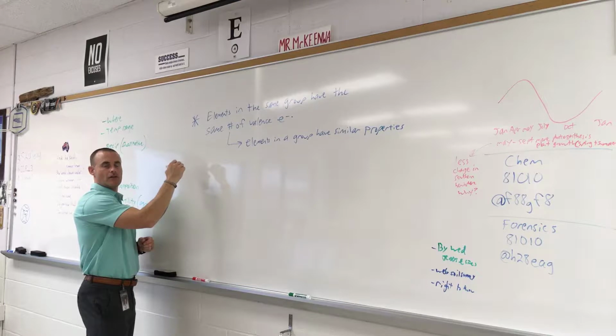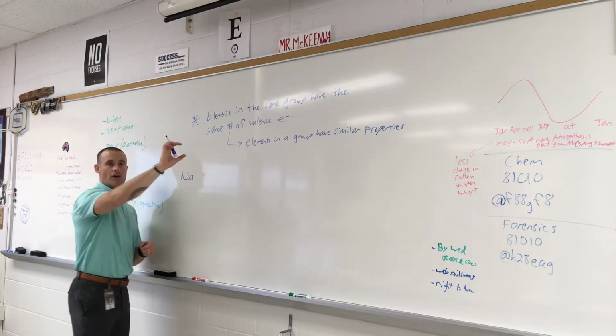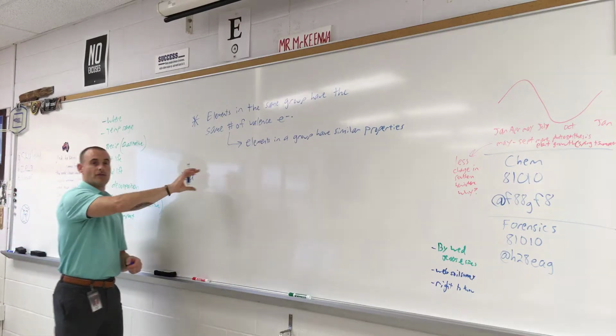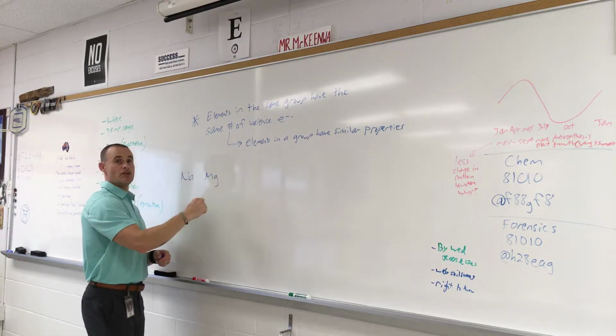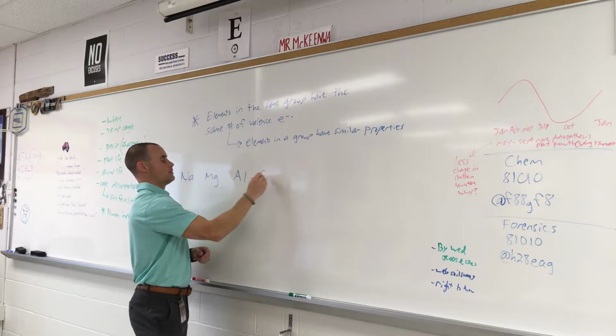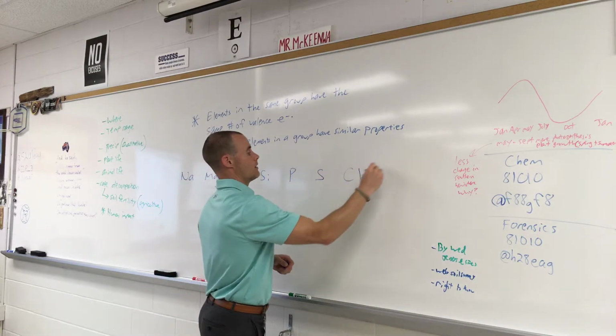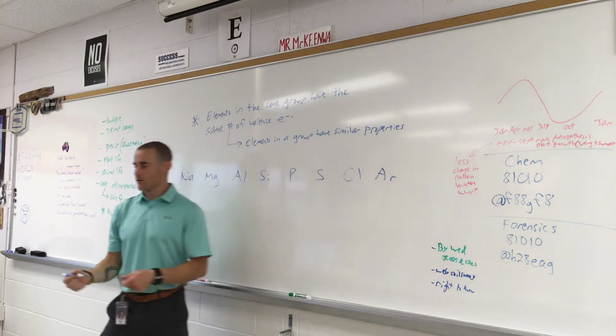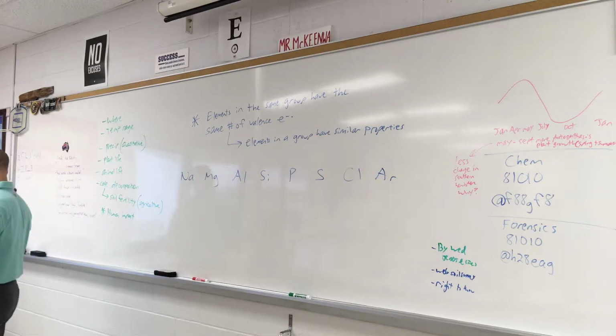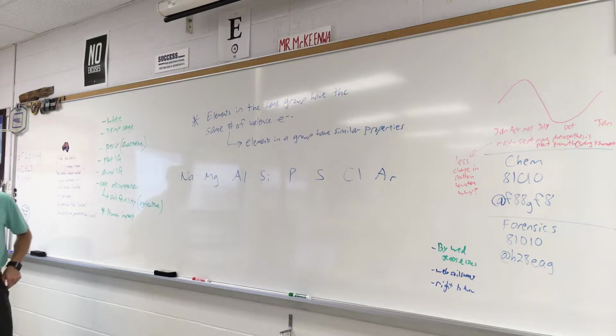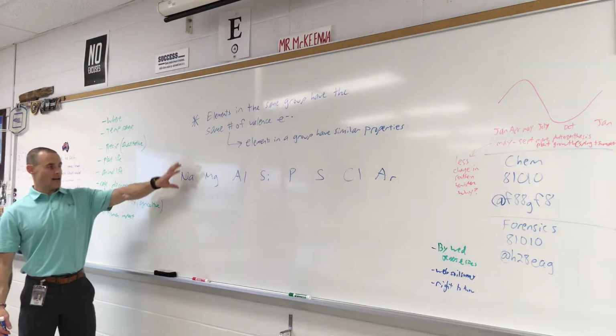We're going to write period 3 in our notes from left to right: Na, Mg, Al, Si, P, S, Cl, Ar. The spacing between is irrelevant. Don't worry about that.